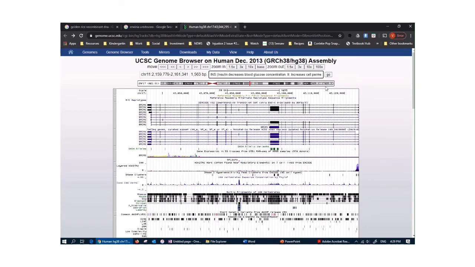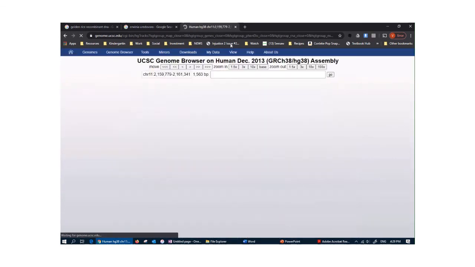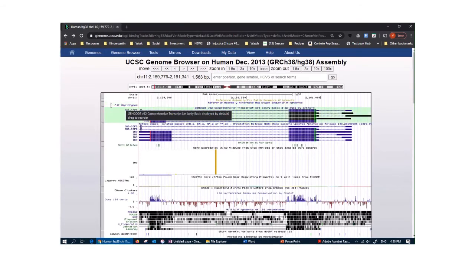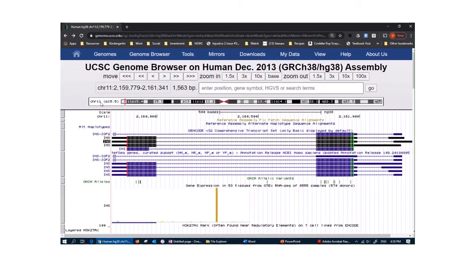So if I click on that and I say go, we are taken to the insulin gene here, and we can see it is on chromosome 11, P15.5. That would be the locus of the gene, the location of the gene, right? And it is going to be 1,563 base pairs long.